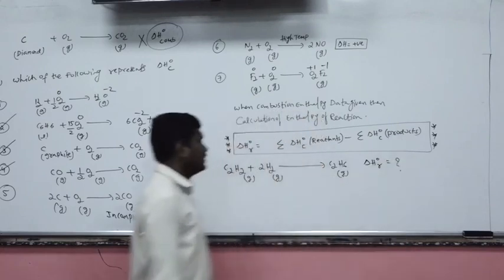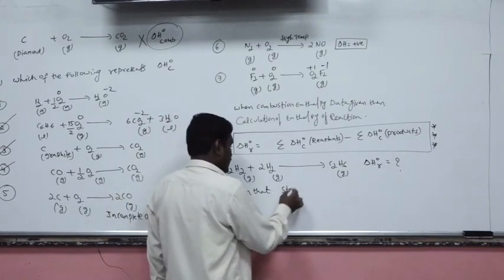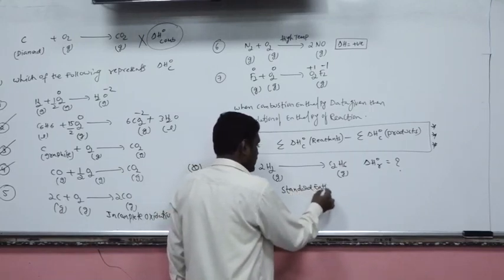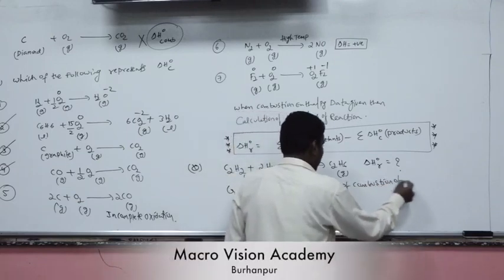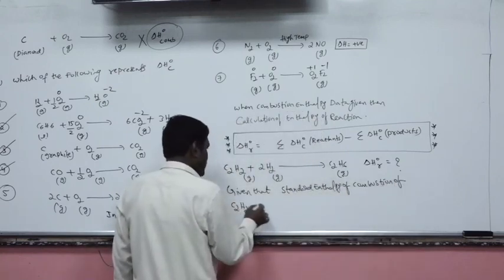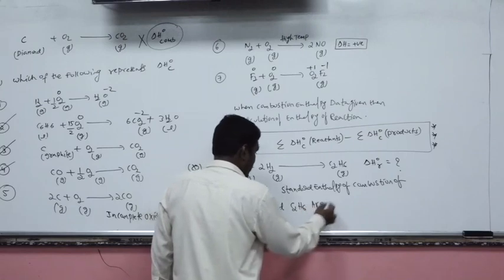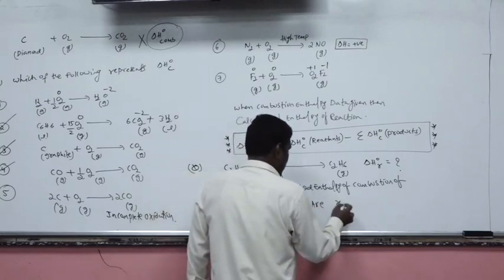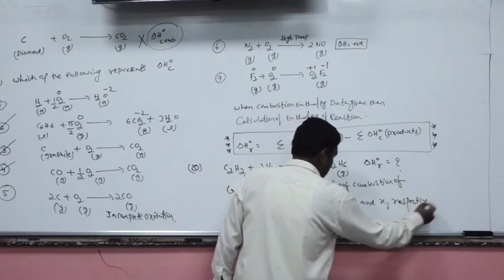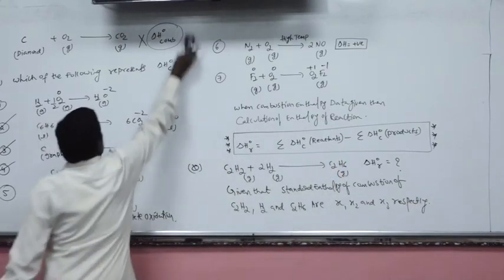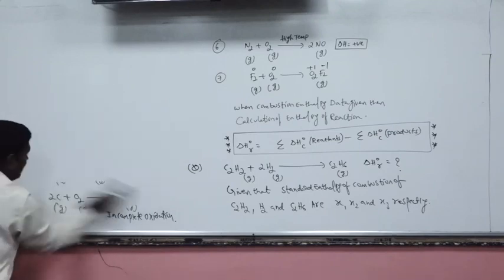The standard enthalpy of reaction is to be calculated, given the standard enthalpy of combustion of acetylene, hydrogen and ethane are X1, X2 and X3 kilojoule per mole respectively. The standard enthalpy of reaction is to be found out from the given combustion data.